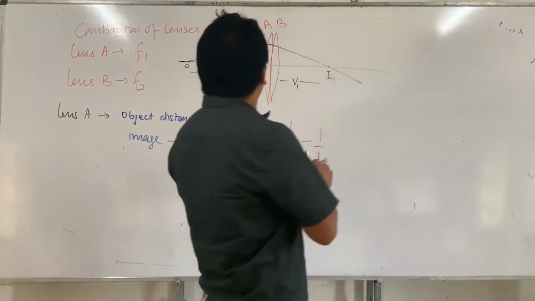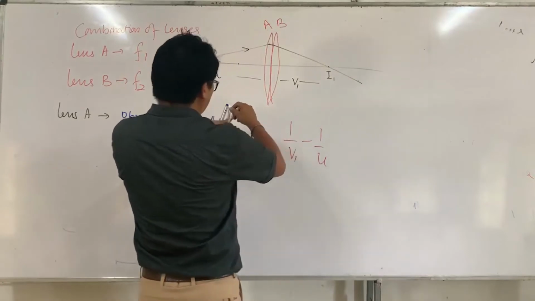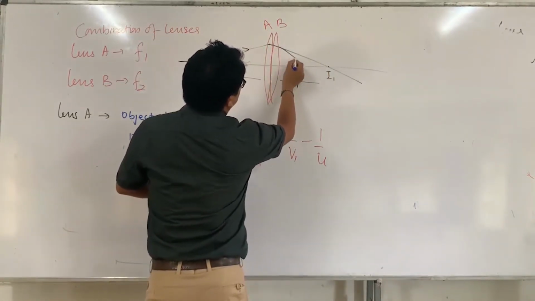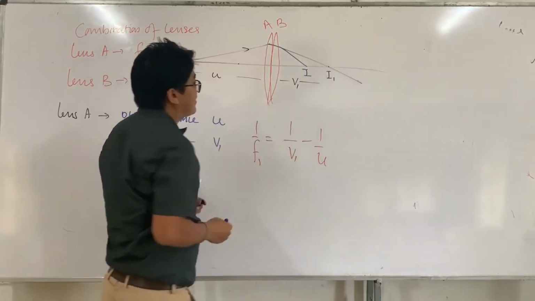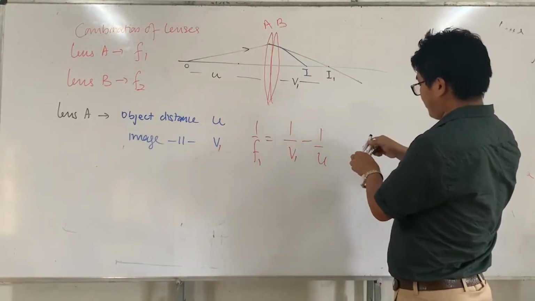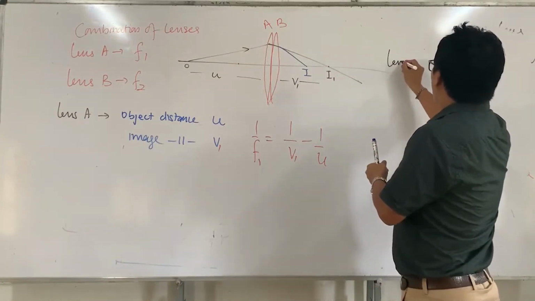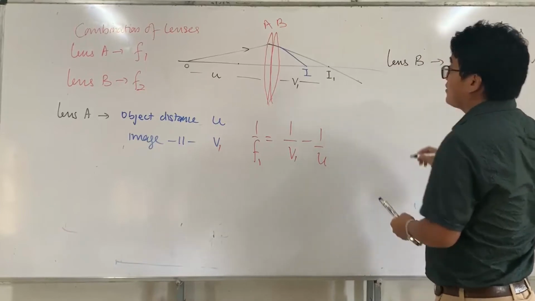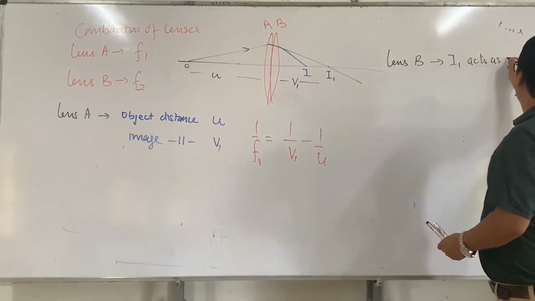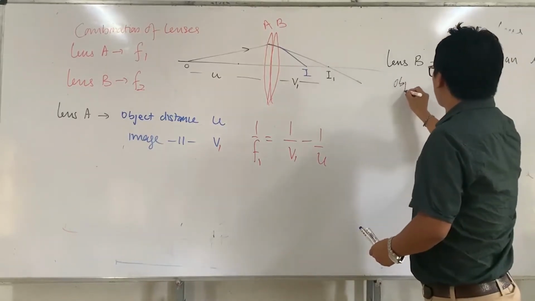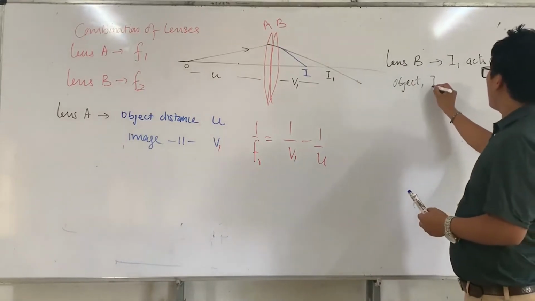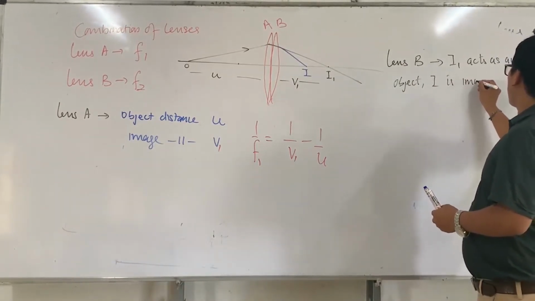And then lens number 2, now I'm going to say. For lens number 2, now it is going to further converge. This is I. Alright. So for lens B, I1 acts as an object, and I is the image.